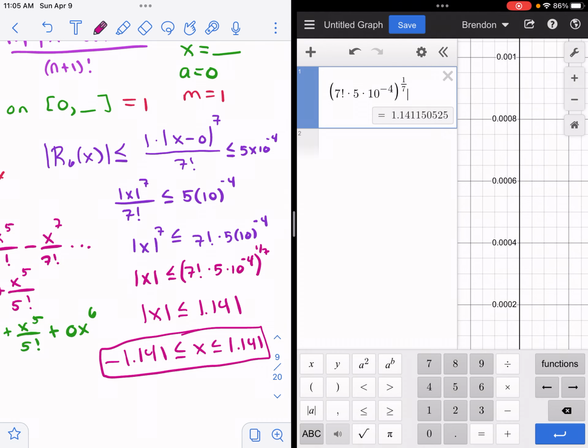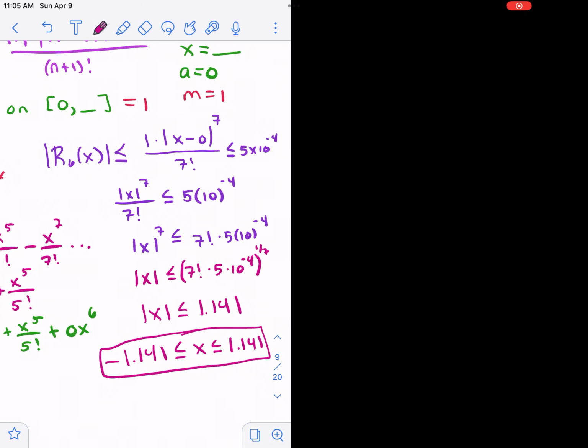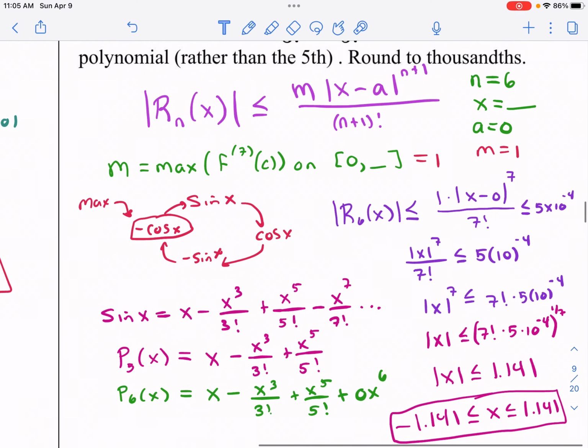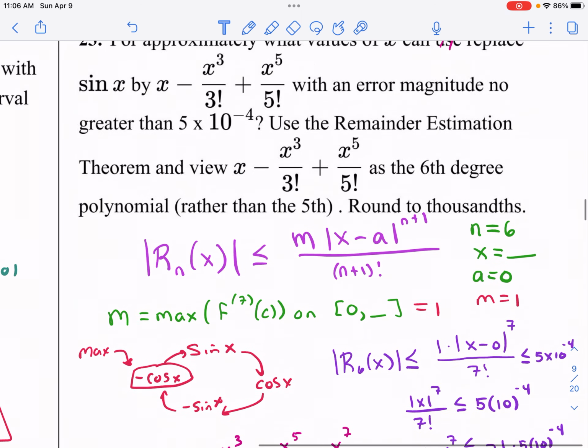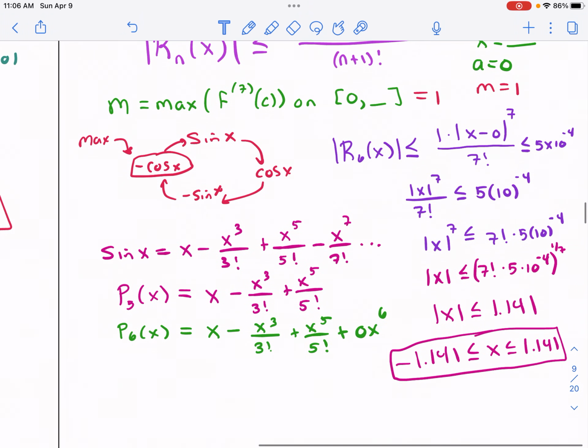All right, and so the big takeaway, if you got a little lost, this is somewhat of an advanced problem anyway, is that what we're saying is that as long as you're restricted to values of x between negative 1.141 and 1.141, you're guaranteed that the polynomial above is not going to be off by more than 5 times 10 to the negative 4.